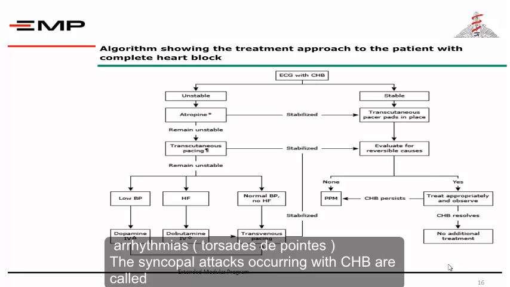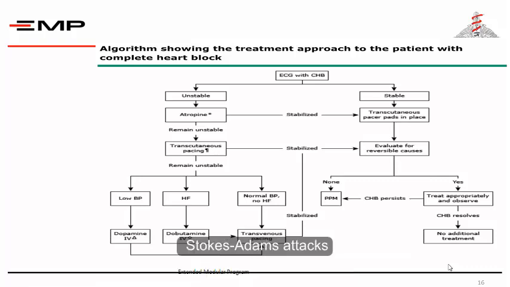If there is a reversible cause, you should treat the cause appropriately. If complete heart block resolves, there is no further management. If not resolving, you will go for cardiac pacemakers. During evaluation, if you didn't find a cause, you will go directly to permanent pacemaker implantation. And in your case, as a general practitioner, you will refer for pacemaker implantation.